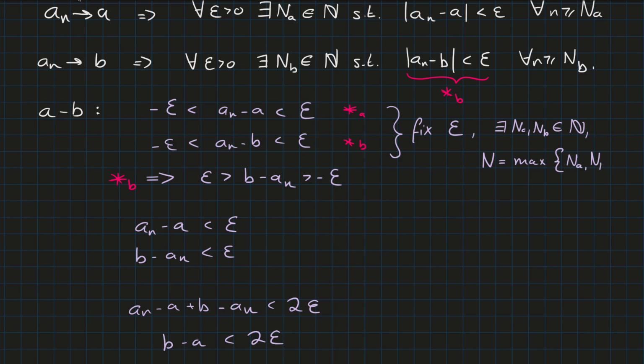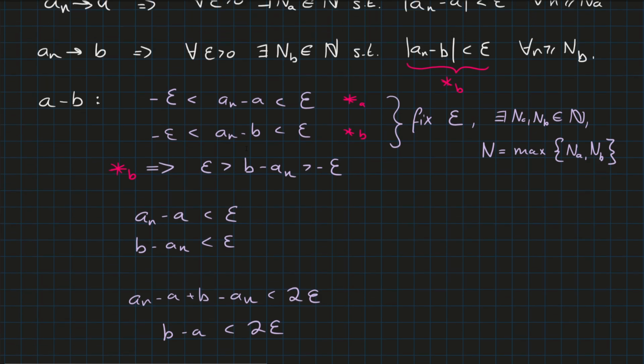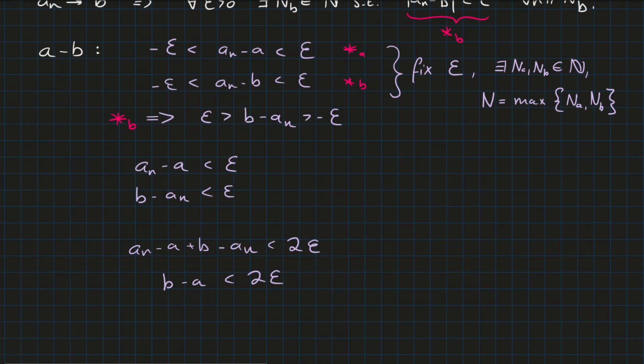That's possible to take. And so with that in mind, we can have all these inequalities, and we add these two together. And so now we have that B minus A is less than 2 epsilon for all epsilon greater than 0.